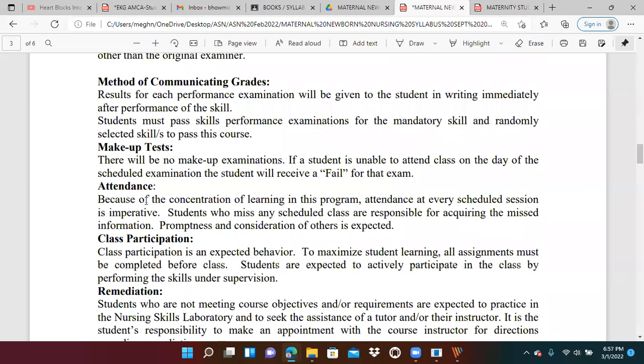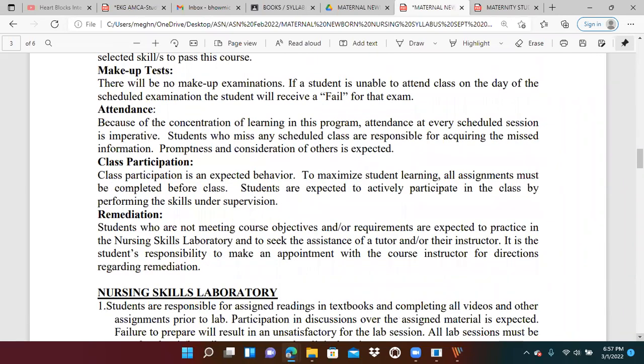Attendance. When students get into the classroom, they will get credit. And also you have to have 80% class attendance. Class participation is an expected behavior to maximize student learning.